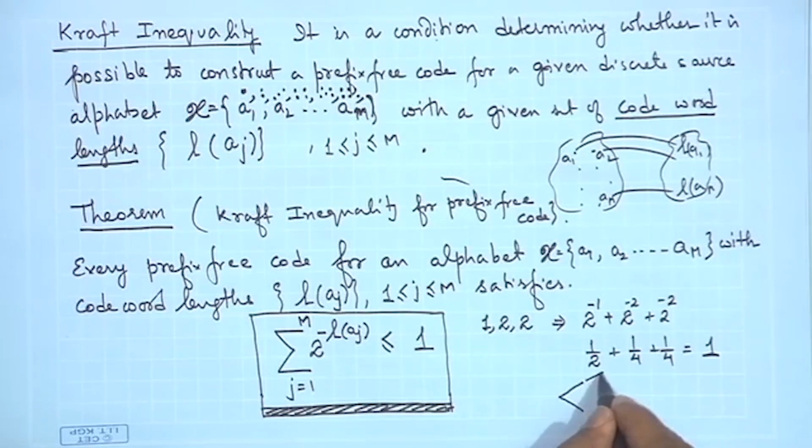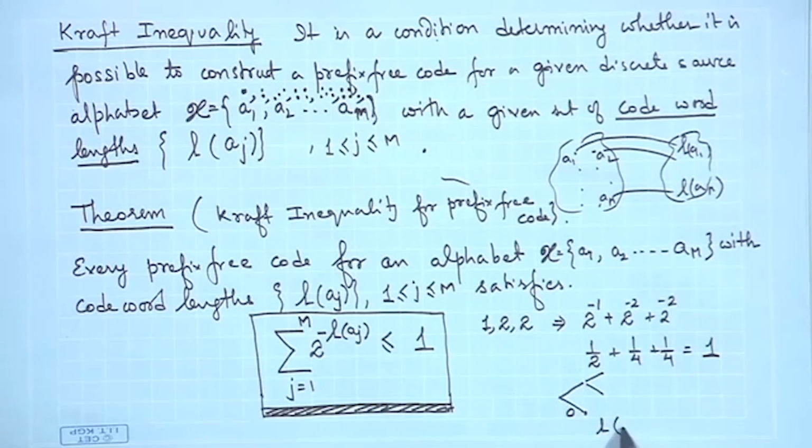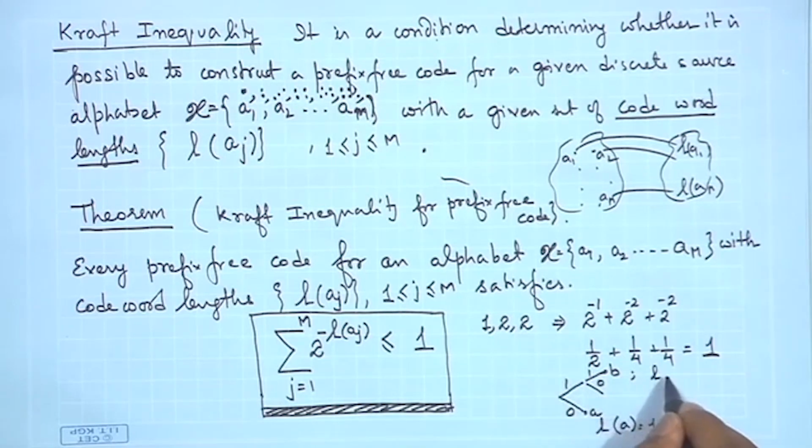and construct this tree, which has code word length of 1. So, length of, if I call this A, is equal to 1. I can call this B and this is 1 1. So, length of the code word for B is 2 and this is C, and length of C is 2.